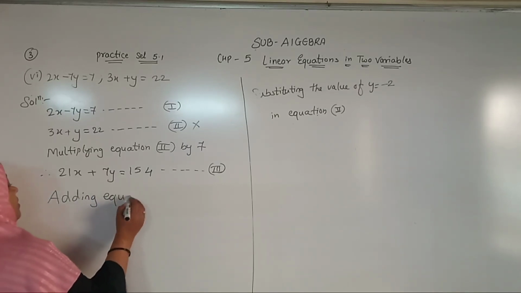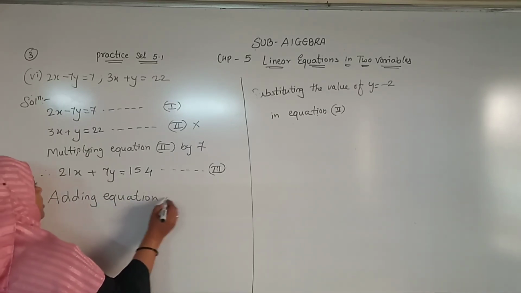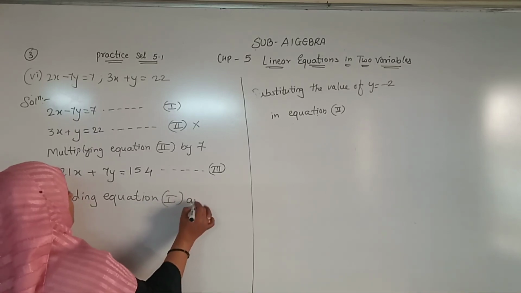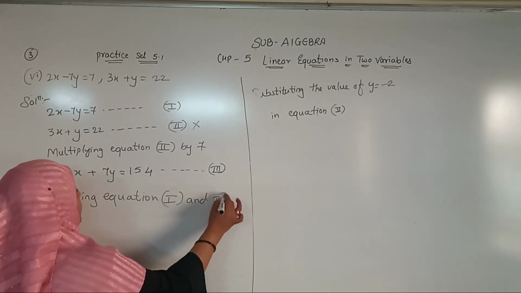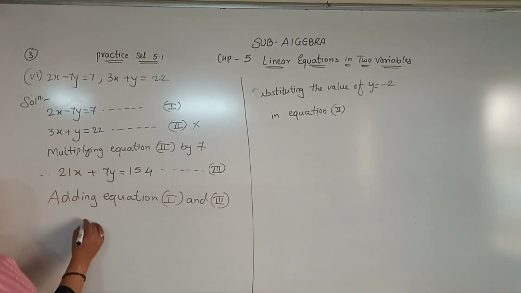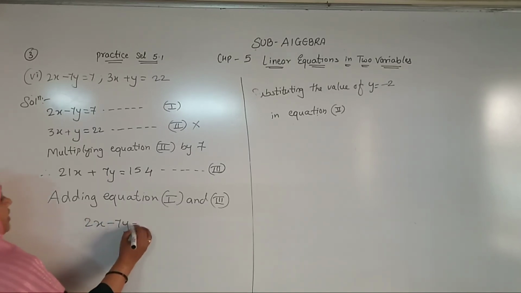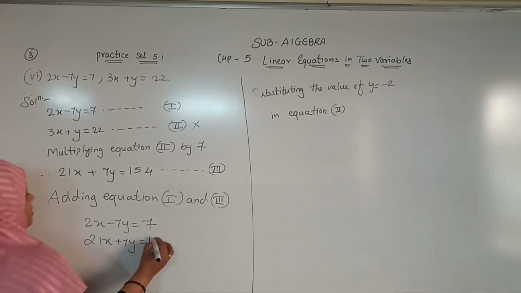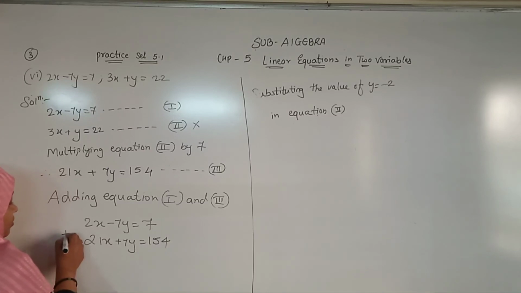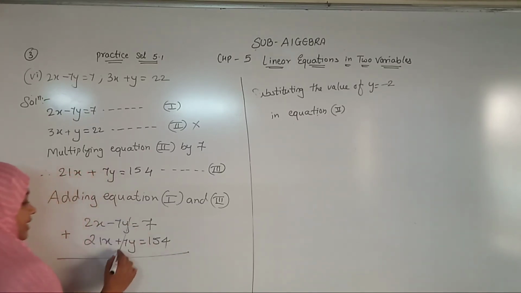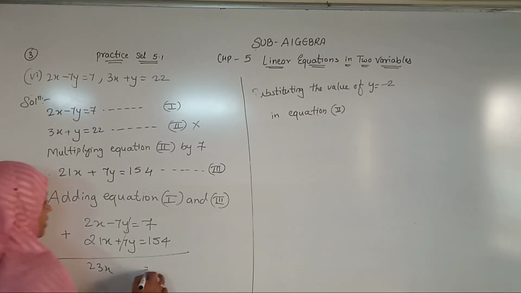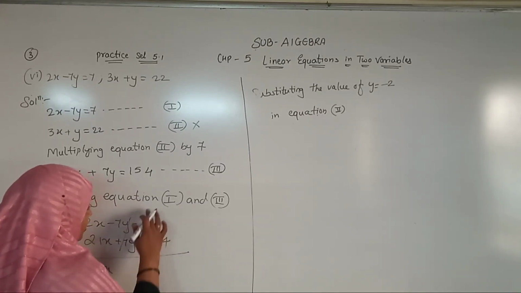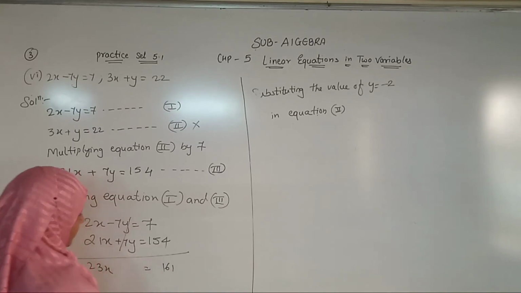So adding equation number 1 and 3. So this is first equation 2x minus 7y is equal to 7, 21x plus 7y is equal to 154. What do I do? Add. What will happen? Plus and minus cancel. Add this, I will get 23x, and 7 plus 154 is 161.